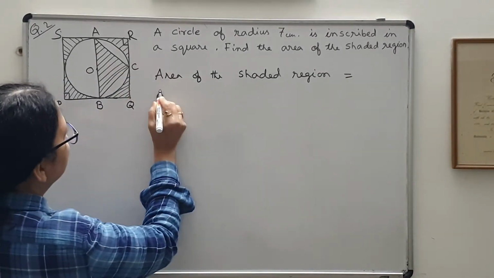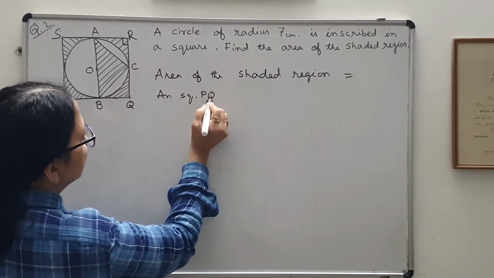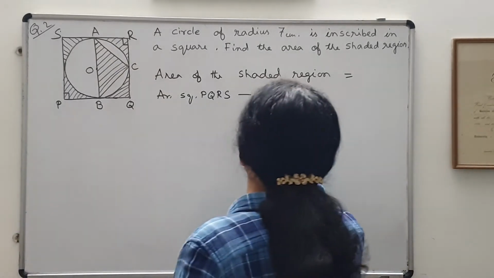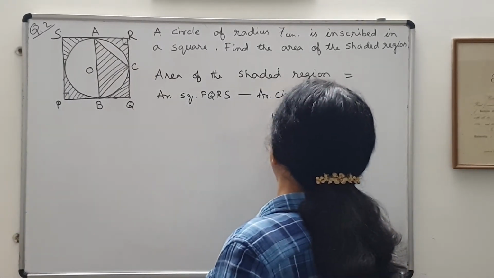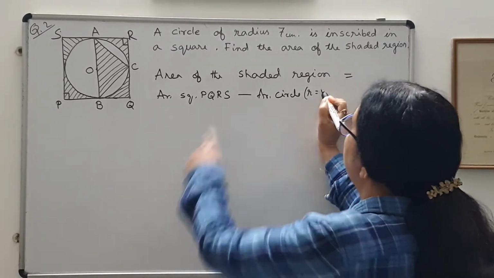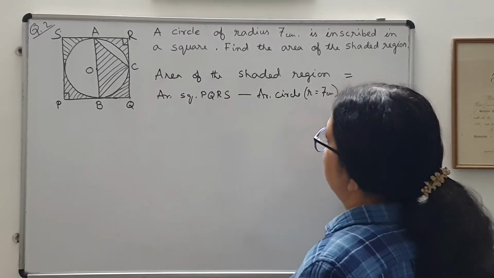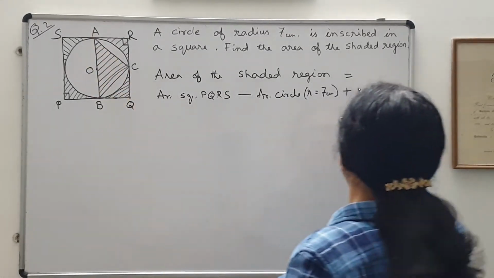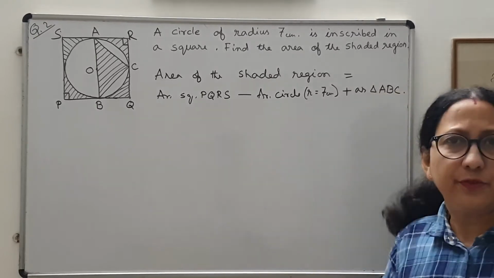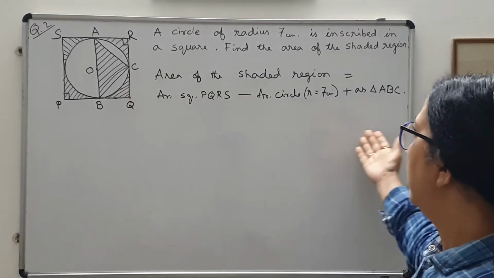Area of square PQRS minus area of the circle with radius, it is given to be 7 centimeter, plus area of the triangle ABC. So this is the very first step we have written to understand what we actually have to calculate.